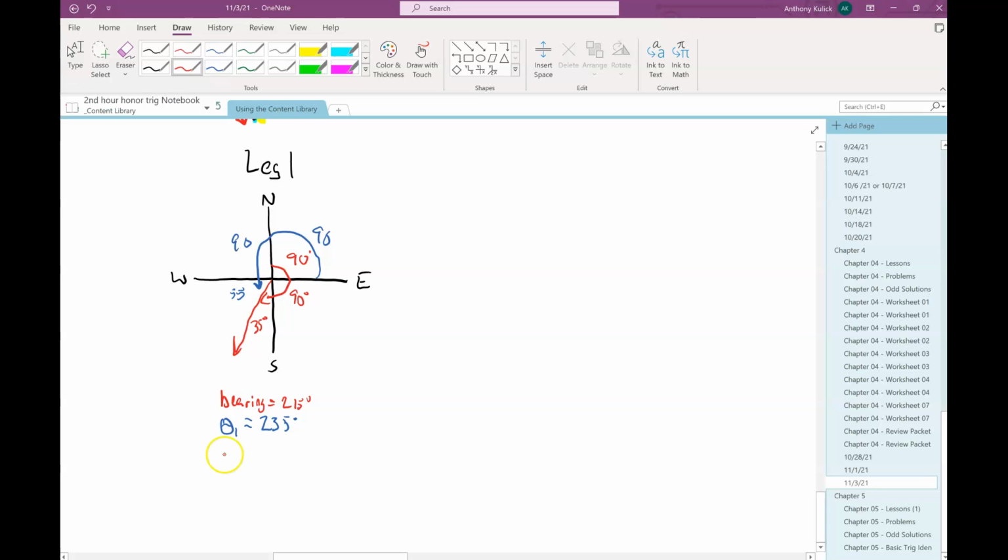We're told that this leg of the trip is 40 knots for 2 hours. So our distance then is going to be 40 times 2, or 80 nautical miles.